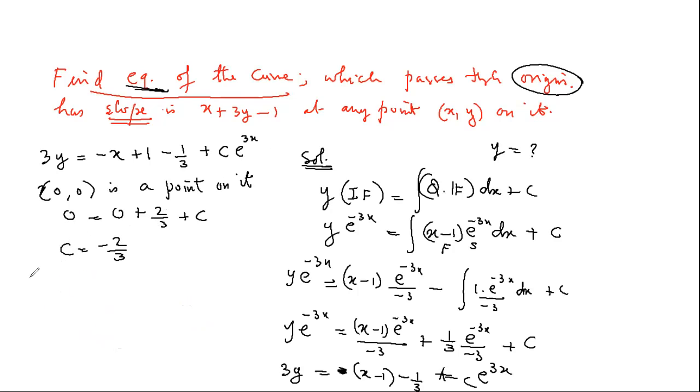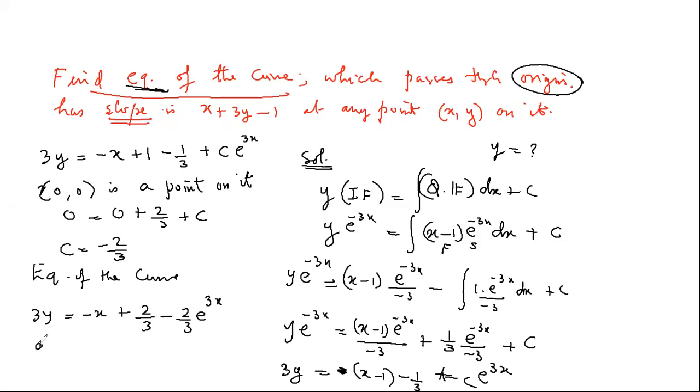So the equation of the curve: 3y is equal to minus x plus 2 by 3, plus minus 2 by 3 into e raised to 3x.